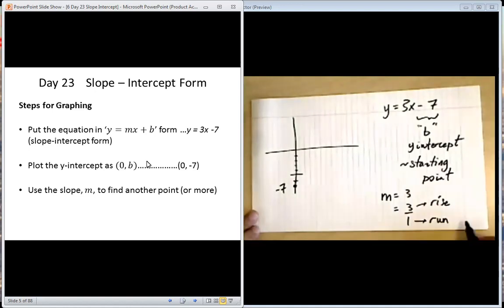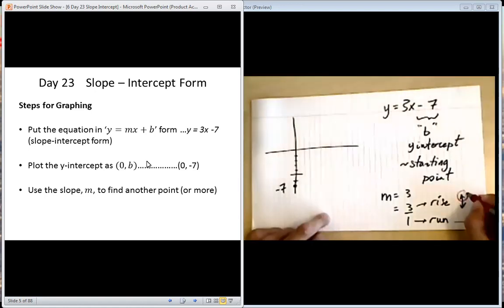So the run is always going to be to the right, and then the rise will be up or down depending on what the value there is. Okay, plus 3 though. So what does that mean? It means we're going to be going upwards from this point here to get the next one.